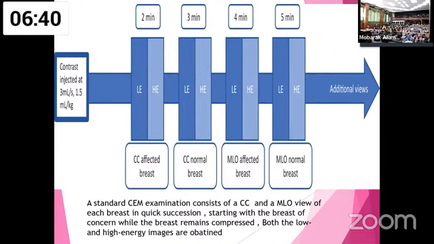After 2 minutes, the breast is compressed and a quick succession of craniocaudal and mediolateral oblique views are taken. Both low energy and high energy imaging are taken. The duration of the exam is between 5 to 8 minutes. After completion of the exam, additional images may be taken.